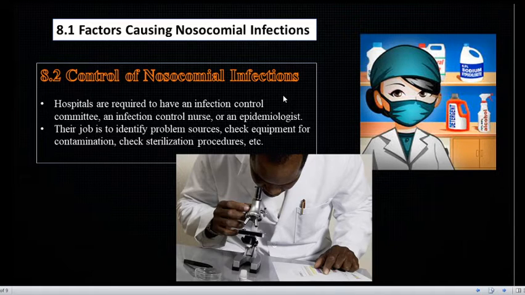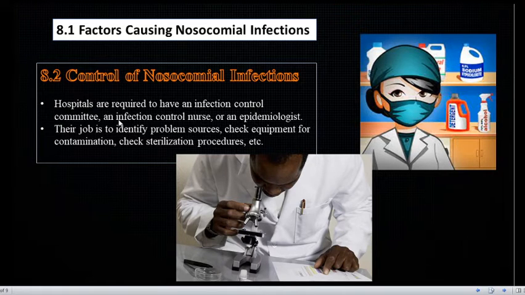So, each healthcare facility may fina-follow na procedures that are generally implemented in their establishment, okay? Or in the facility. So you have here, hospitals are required to have an infection control committee, an infection control nurse, and an epidemiologist.